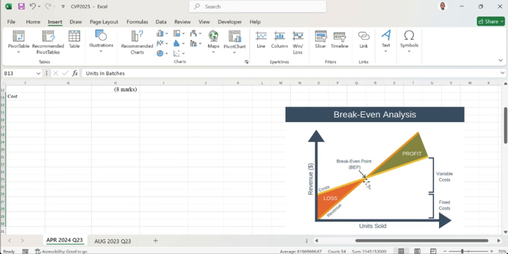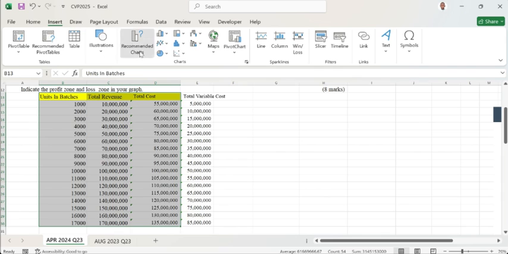It will not show us the break-even point. So as much as the recommendation itakupatia, the first one is a bar chart, please don't use a bar chart. Use what, Geraldine? A line graph. Does it make sense?